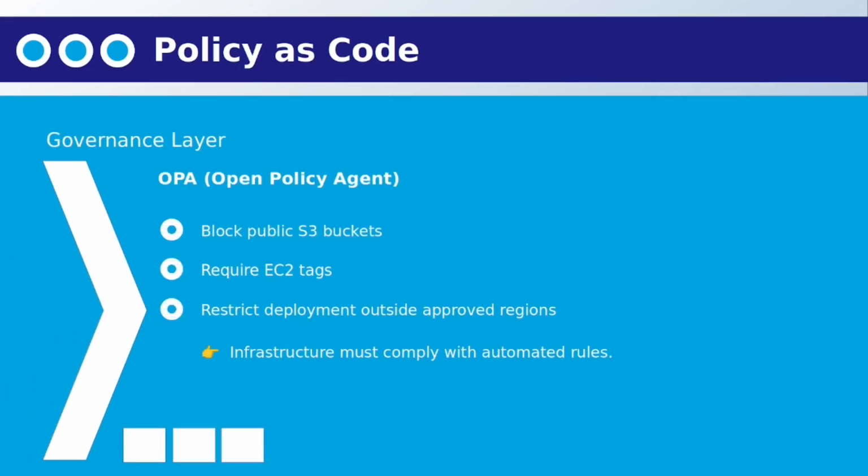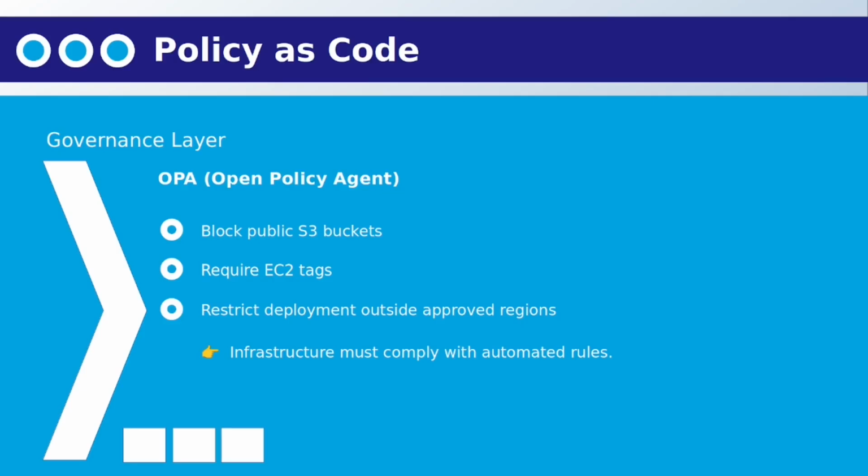Policy as code. Now we add the governance. Policy as code means we write security rules as code using tools like OPA, Sentinel. For example, block public S3 buckets, require specific instance types on EC2, prevent deployment outside approved regions.